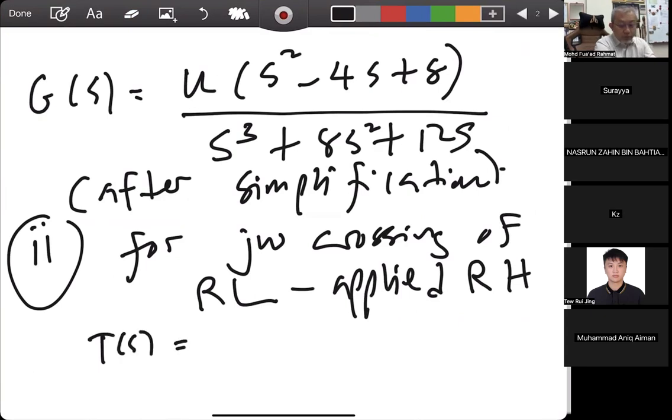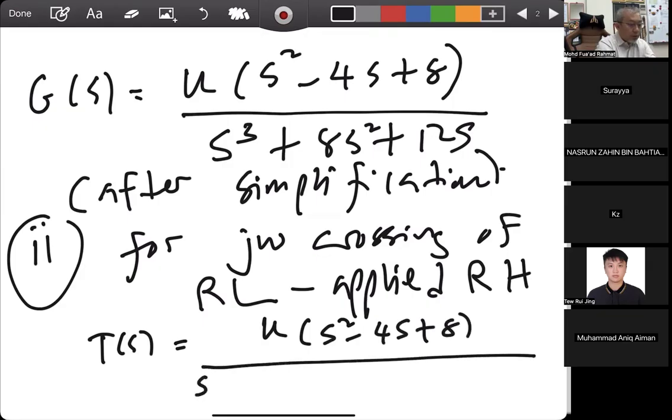Okay, so the T(s) will be K(s square minus 4s plus 8) over s cubic plus 8s square plus 12s plus K(s square minus 4s plus 8).